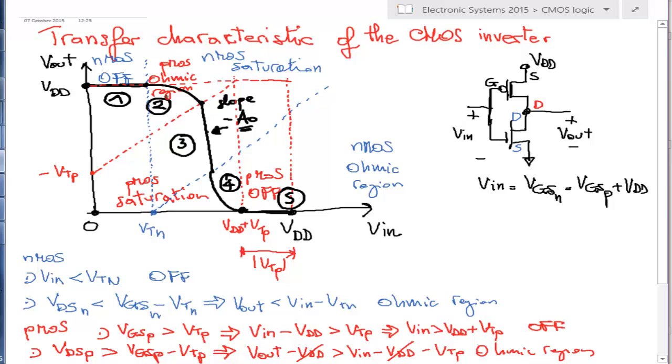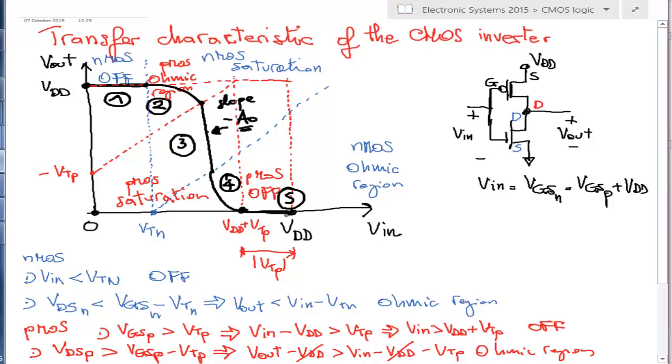Now, I've shown you before the condition in order to have a balanced inverter. When we have a balanced inverter, something interesting happens in this transfer characteristic, which means that this transfer characteristic is perfectly symmetrical.